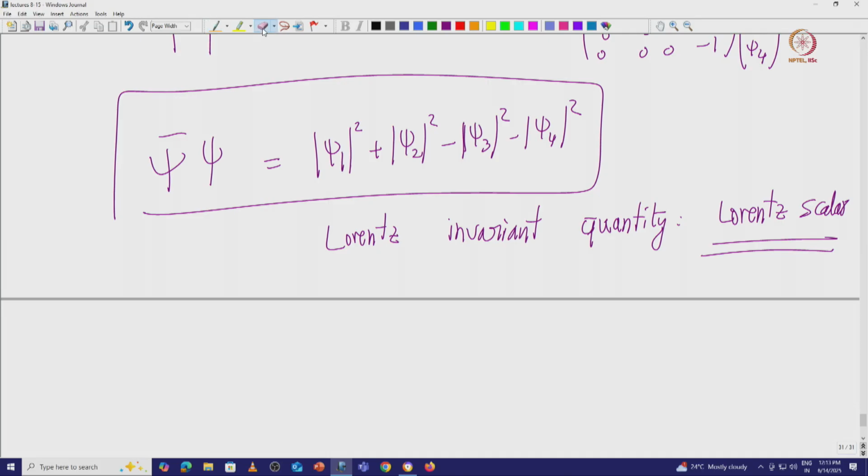So you write the current, J mu, and the continuity equation, the probability continuity equation.